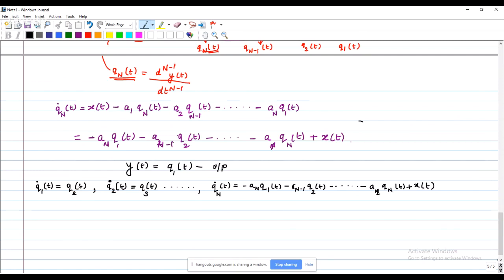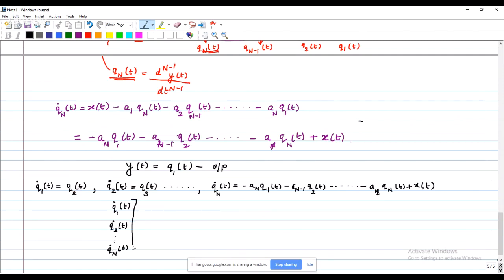So let us write. At the LHS of the equation, we have q1 dot t, q2 dot t, so on and so forth, qn dot t.